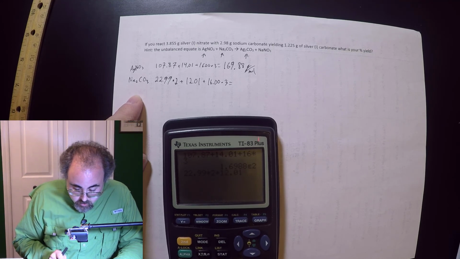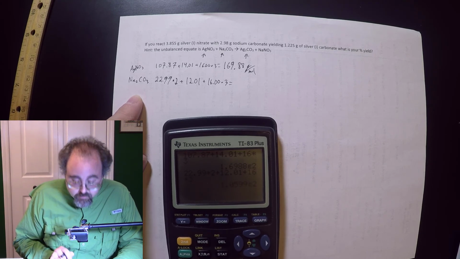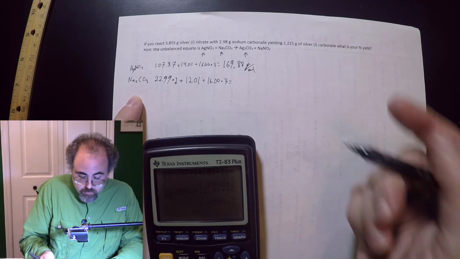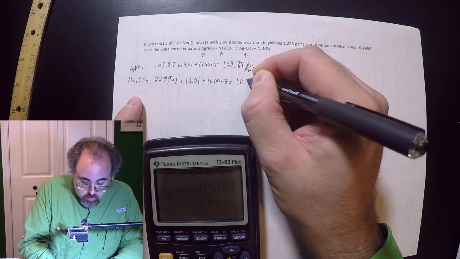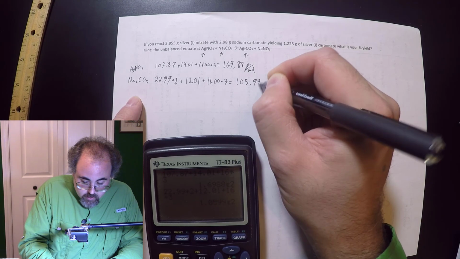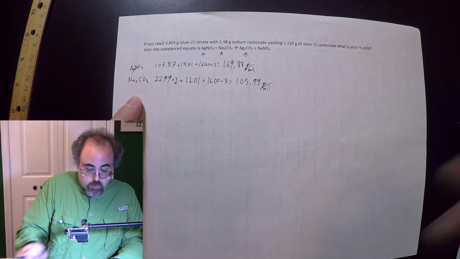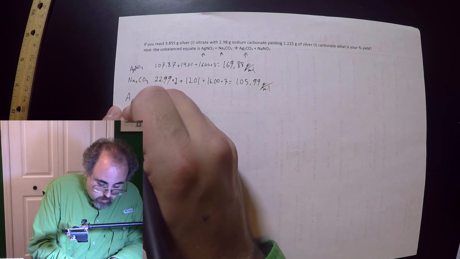With this one, make sure your calculator does do order of operations before you type this in. If it doesn't, you can still do it. You just have to be careful. You have to do the forced order of operations yourself. Okay, 105.99 grams per mole.